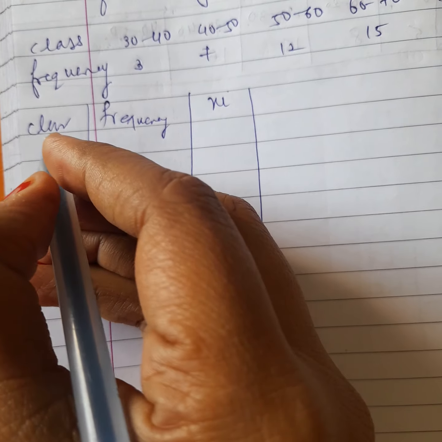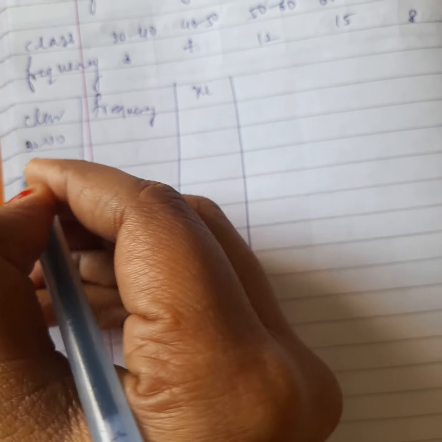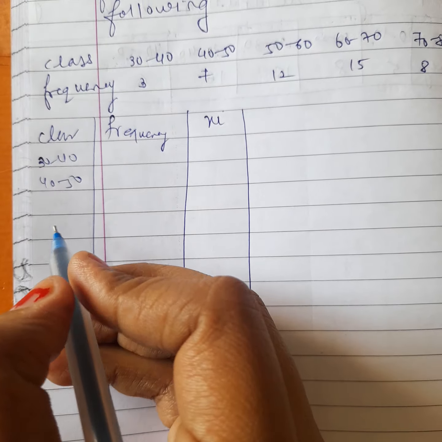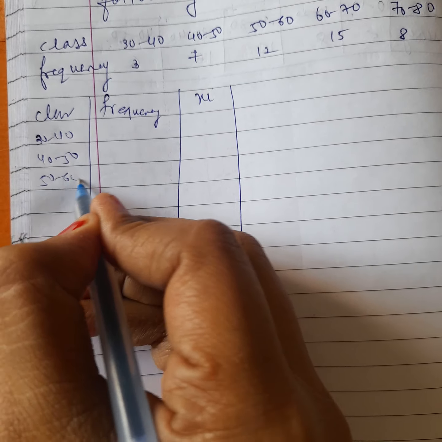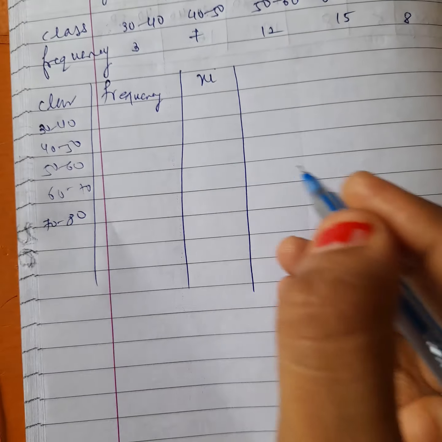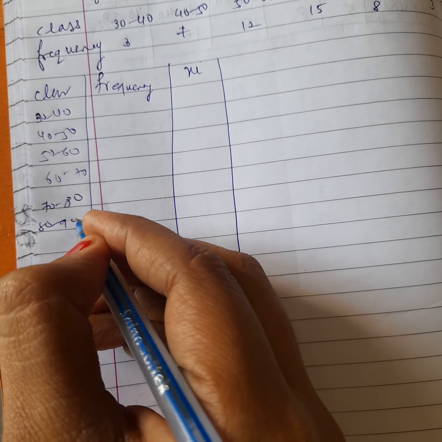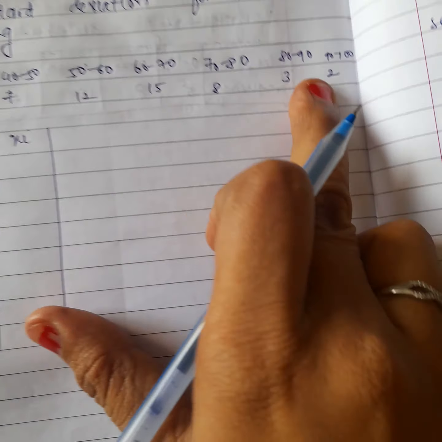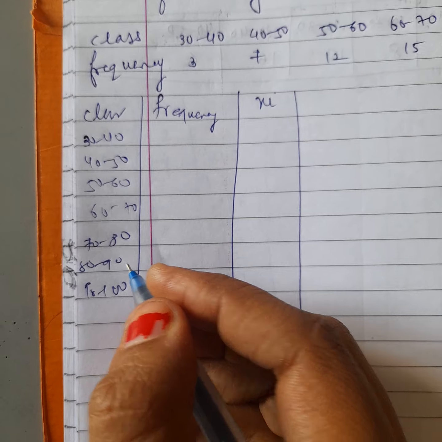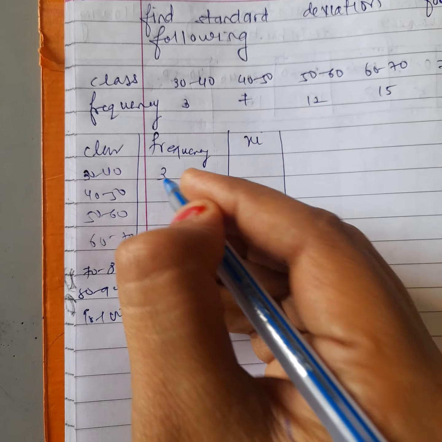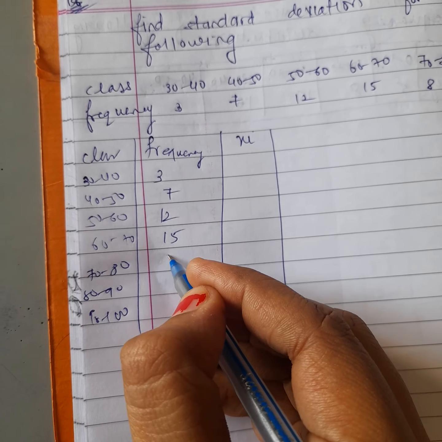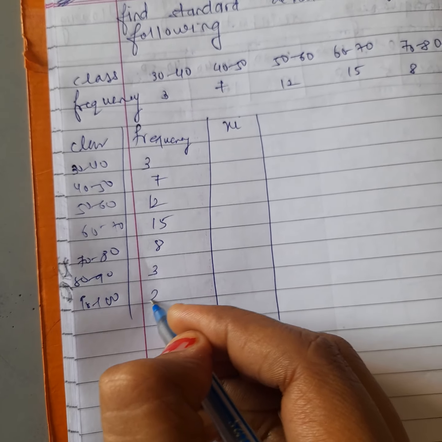So here we'll write 30 to 40, 40 to 50, 50 to 60, 60 to 70, 70 to 80, 80 to 90, and last 90 to 100. Write down the fi: 3, 7, 12, 15, 8, 3, 2.